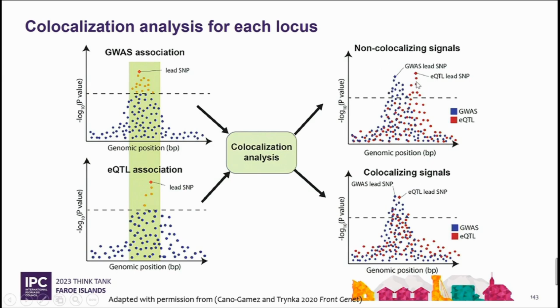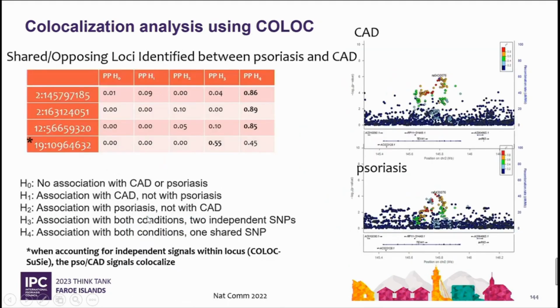So this helps us see whether things within the same region are in the same signal or not, okay? So instead of using GWAS and eQTL, we compare the genetic signals in one trait and the other trait, like type 2 diabetes or psoriasis. I'm using coronary artery disease and psoriasis as an example. We identified 4 shared loci between psoriasis and CAD, okay?